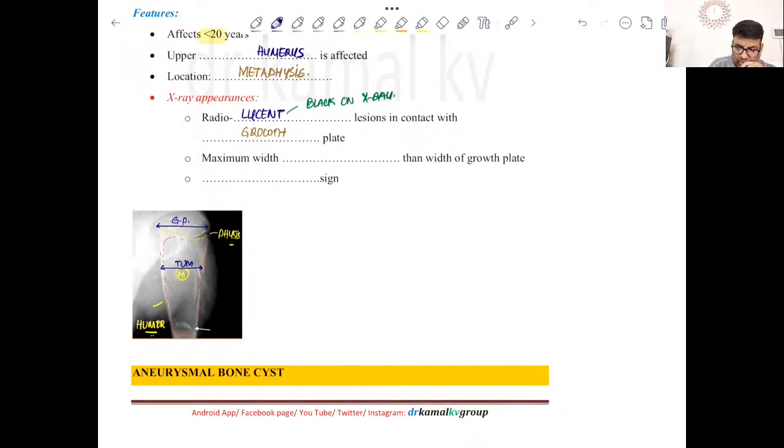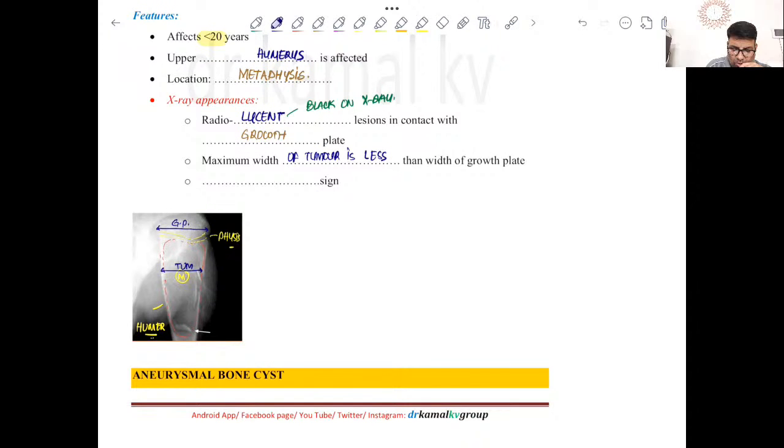So the maximum width of the tumor is less than the width of the growth plate, right? That you can see on the X-ray also. So the extent of the tumor is less than the extent of the growth plate, and this is very important for simple bone cyst diagnosis.